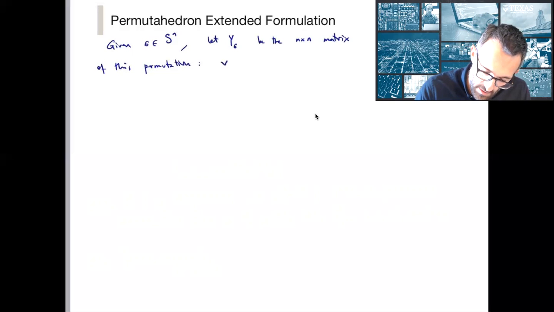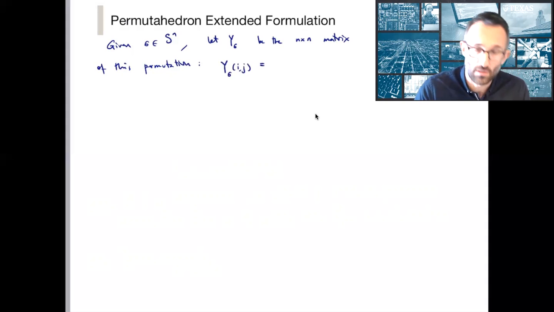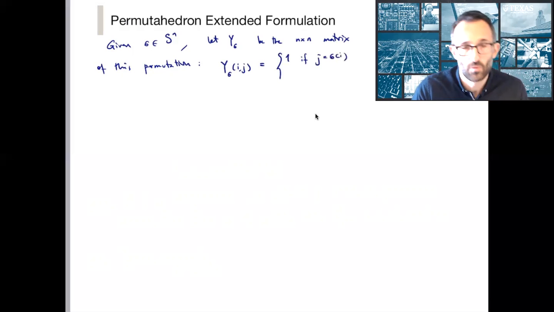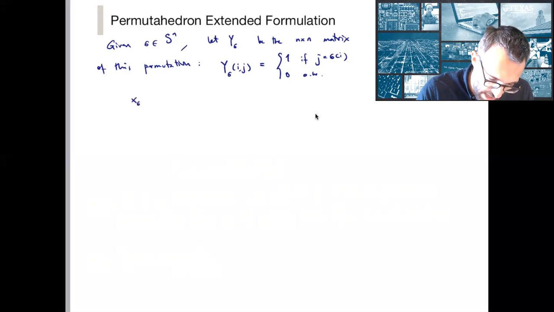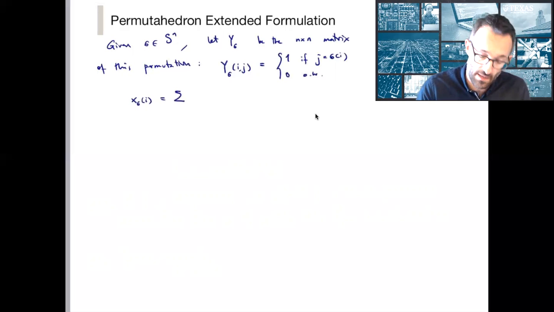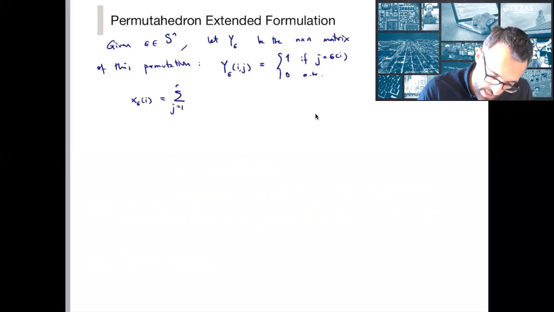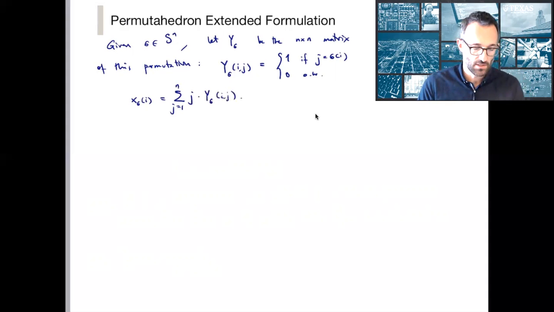In other words, the ij element of y sigma is just going to be 1 if j is equal to where the permutation sends i, and it's equal to 0 otherwise. Now it's easy to check that from y we can easily recover the vector x sigma. So in particular, x sigma's ith coordinate is just given by summing from j equals 1 to n of j times y sigma of i j. So we can always recover x from y.